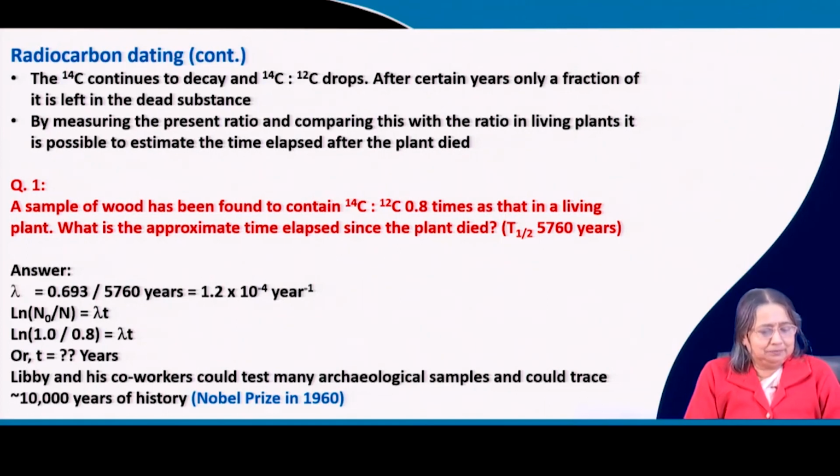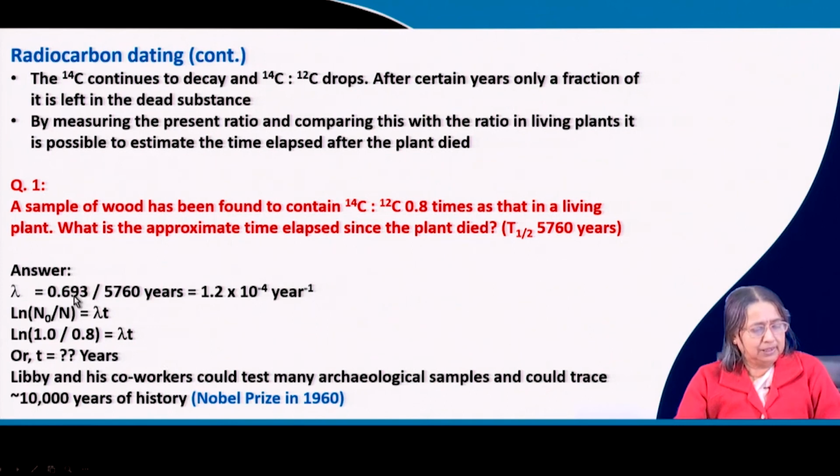So lambda you can find out as 0.693 by T-half, that is the lambda, the decay constant. Now ln N0 by N equals lambda t. N0 by N, if in the beginning it is 1, then now it is how much? 0.8 times that of the initial.